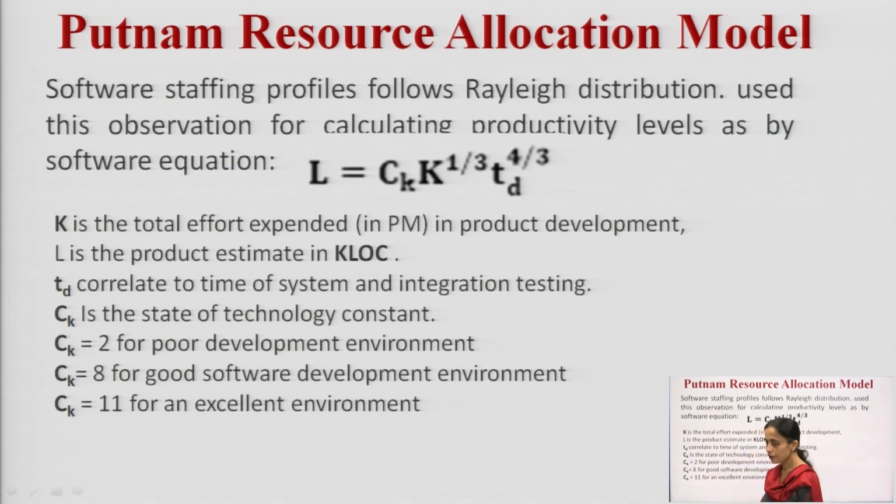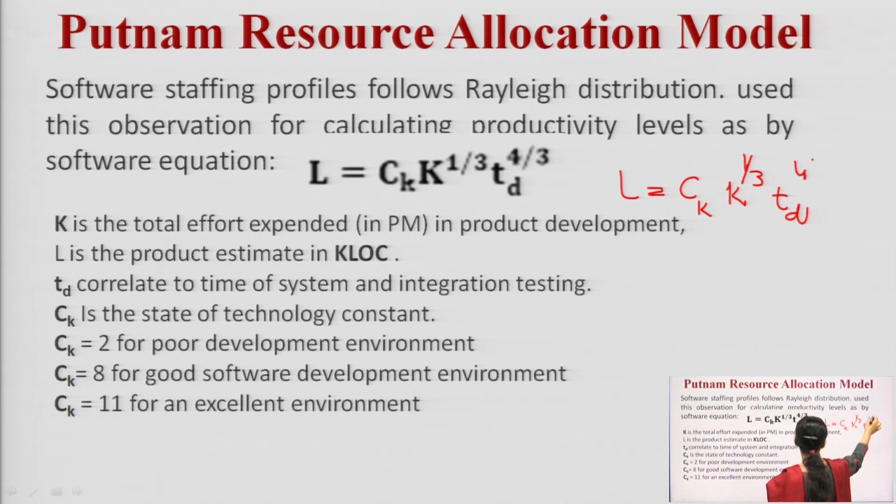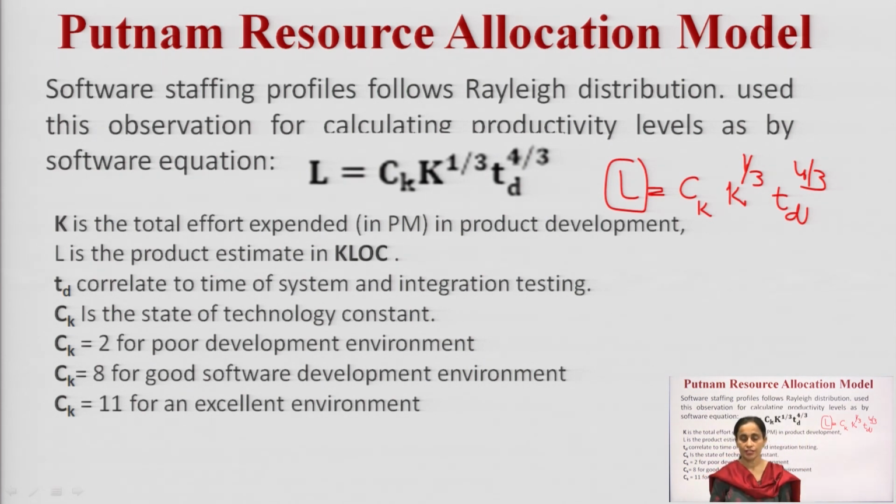Then the software staffing profiles follow the Rayleigh distribution, and here I calculate the value of L as Ck times K to the power 1/3, and then td to the power 4/3, where L is the product estimate in KLOC, K is the total effort, and Ck is the technology constant.